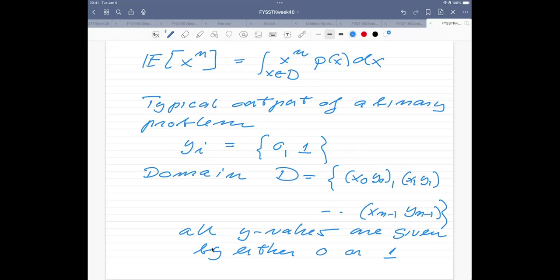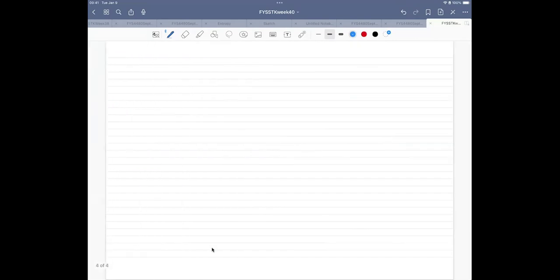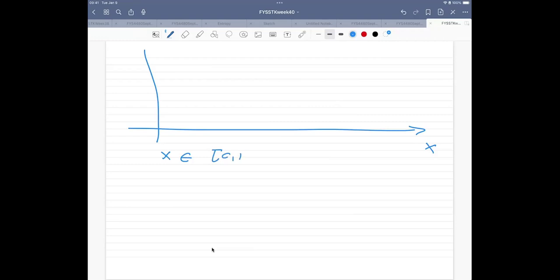Everybody fine? So if we now look at the typical data case which you could encounter, you have some x's here, and suppose now that x lives between 0 and 1. So we have 0 here, and we have 1, so this is just an example, and y takes the values 0 and 1.